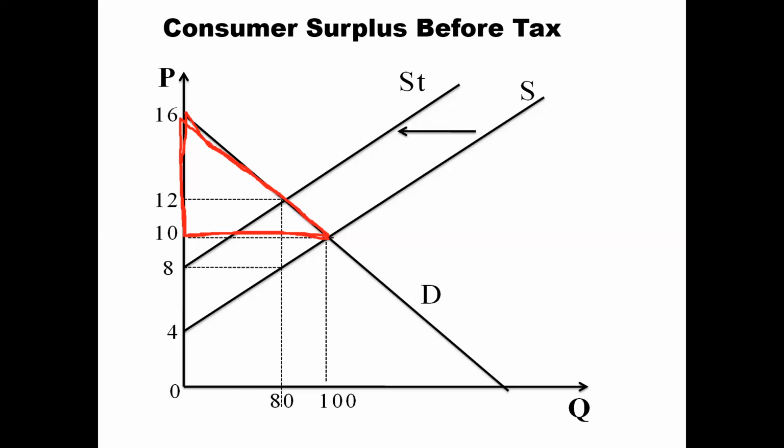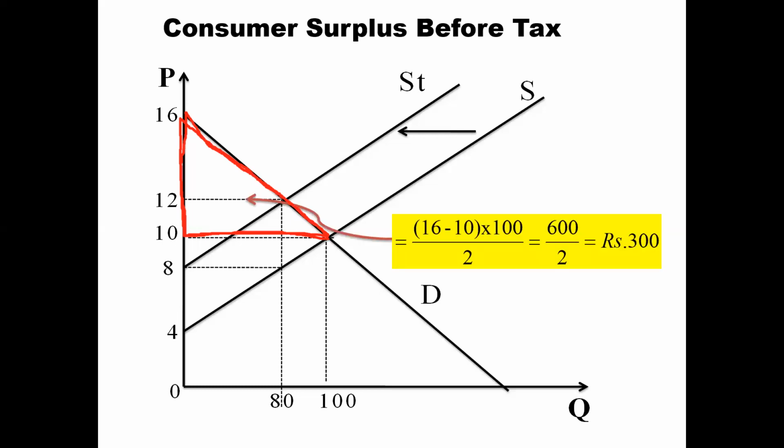Right, but I asked you not to keep the equilibrium price or the equilibrium quantity in your mind, because they can differ. The equation is: maximum demand price minus price paid by consumer, into demand quantity, divided by 2. There are a lot of instances where the consumer has to pay not the equilibrium price, and a lot of instances where the consumer buys not the equilibrium quantity.